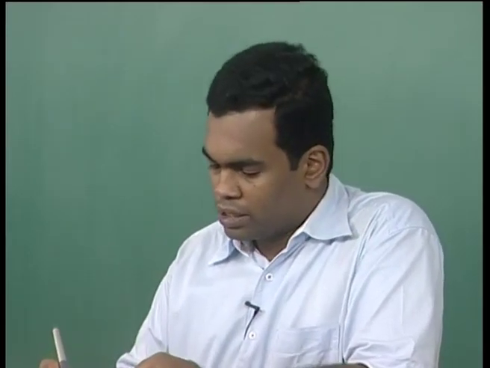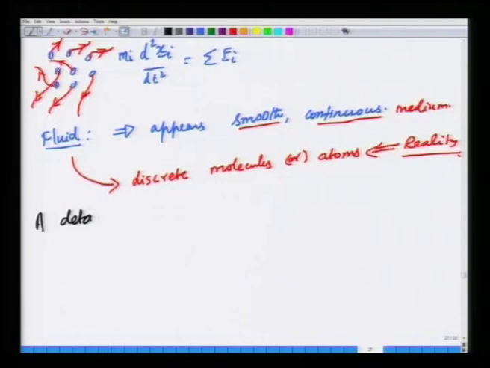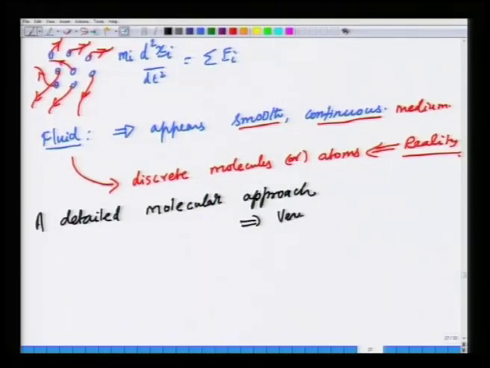So, a detailed molecular approach of understanding fluid flow is very, very difficult. That would amount to solving, for example, if you look at this equation, which is essentially Newton's laws for a whole bunch of molecules or particles.